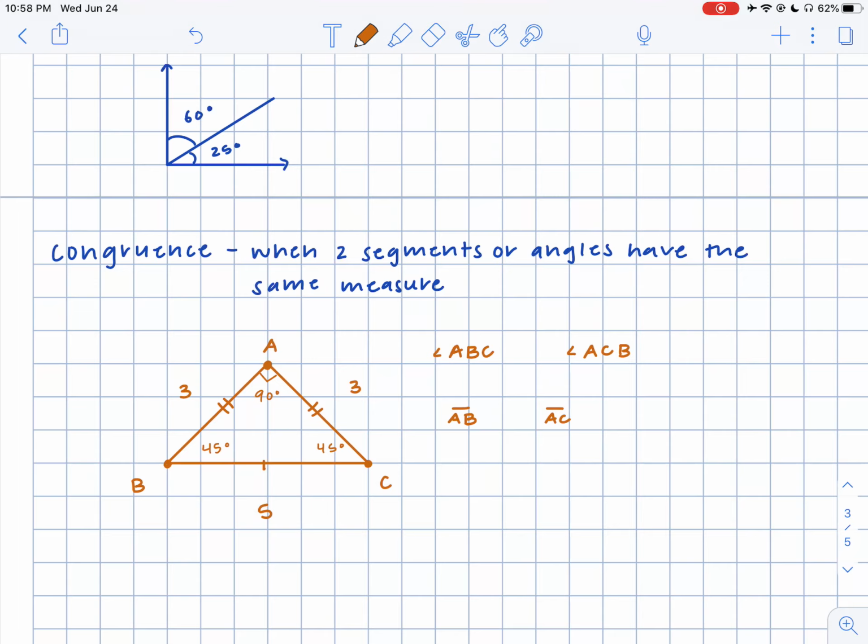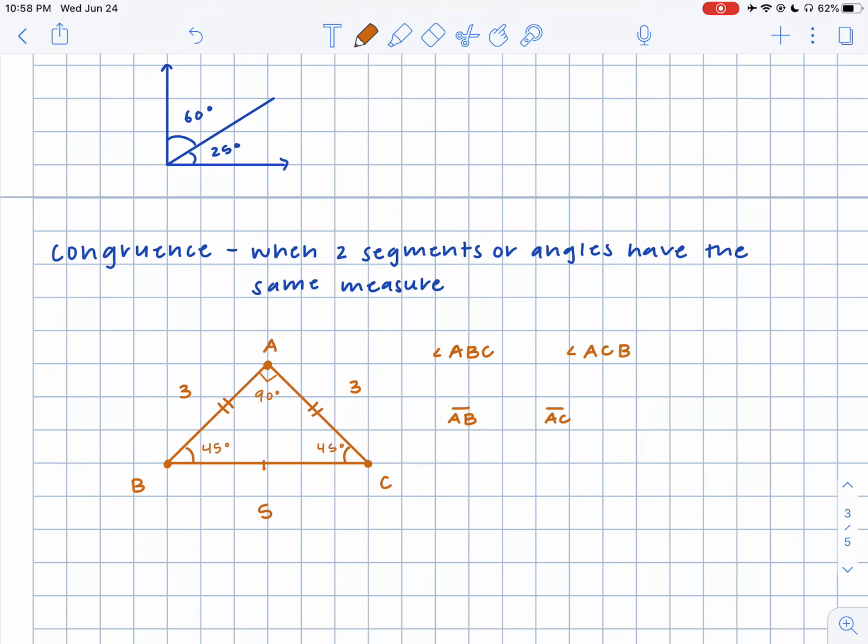Now, how do we indicate congruency for angles? What we would use are arcs, and they look like this. So this angle, ABC, is 45 degrees, and angle ACB is 45 degrees. They have the same measure, 45 degrees, so we would give them the same value of arcs.